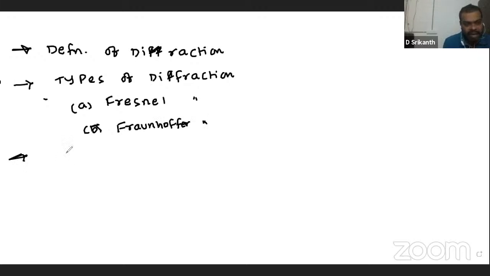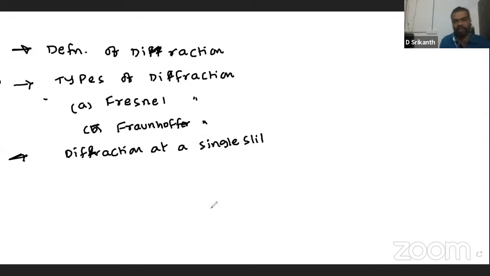And we have diffraction at a single slit. And finally we have parameters like the validity of ray optics.